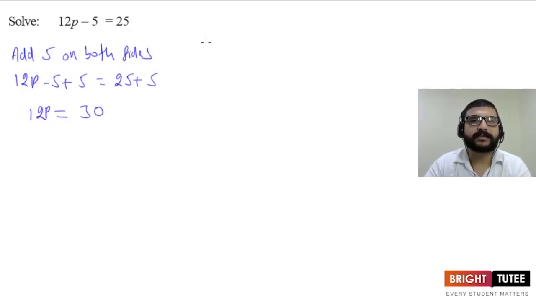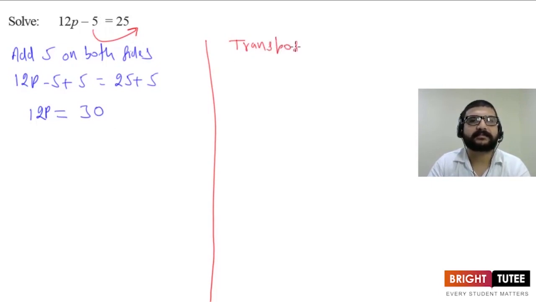Now see one more thing. This is basically what we are doing here. We are just simply transposing this minus 5 here on the right side of the equation. So this operation is known as transposing minus 5 to RHS. Now here we had minus 5.